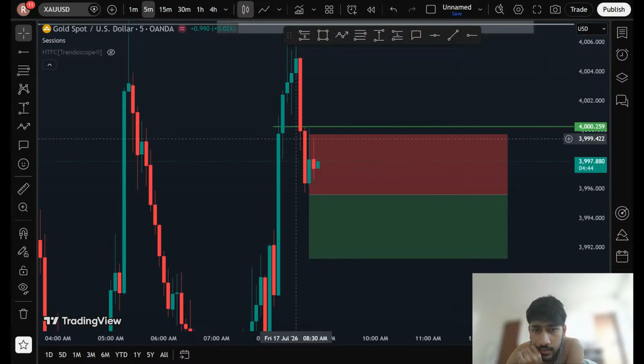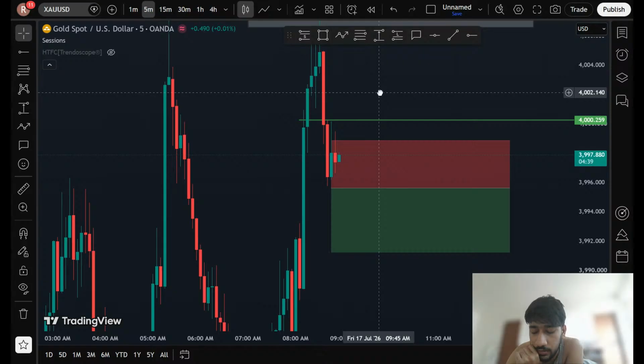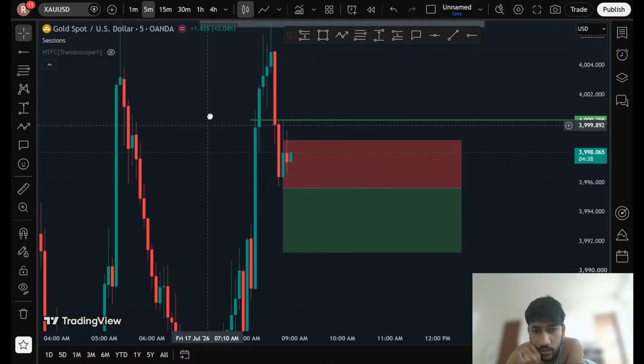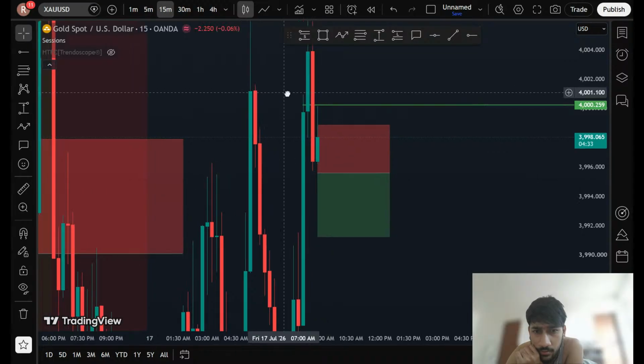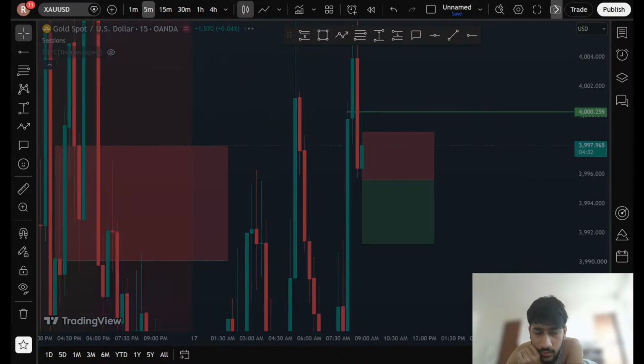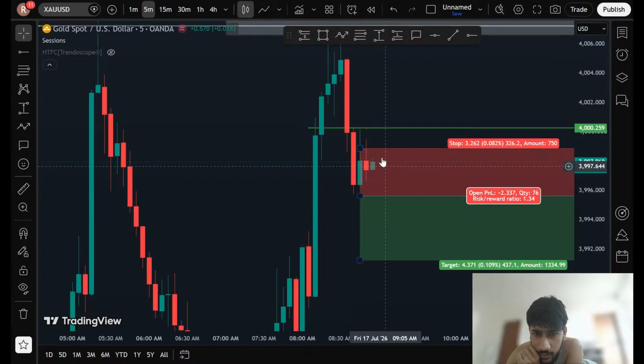and the reason for the probability would be, say this 15-minute candle wants to move down, then this candle has not come down and rejected this zone, right?